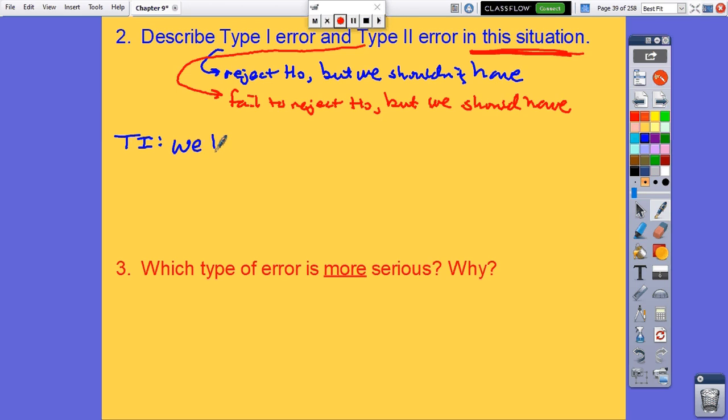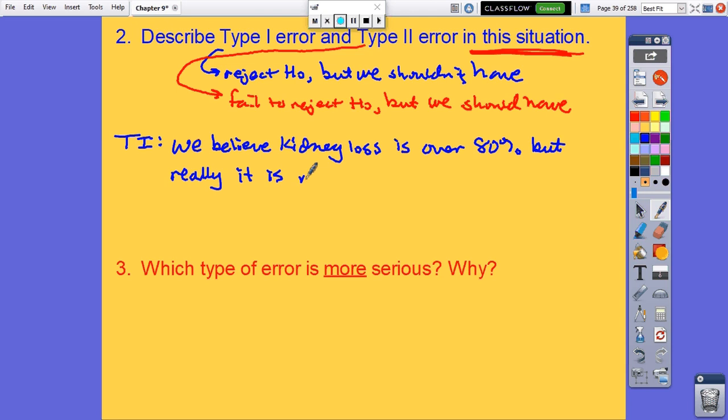So we believe, if we reject the null hypothesis, we believe kidney loss is over 80%, right? If we reject the null hypothesis, we're going to go with the alternate. We think the alternate's the truth. So we believe kidney loss is over 80%. But really, it is not over 80%.